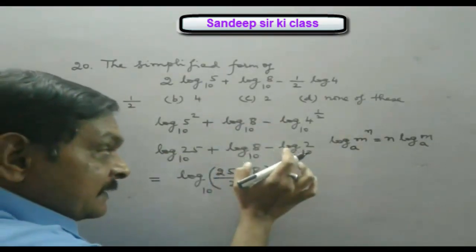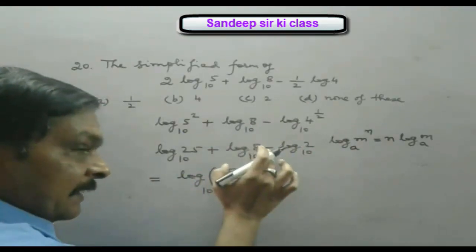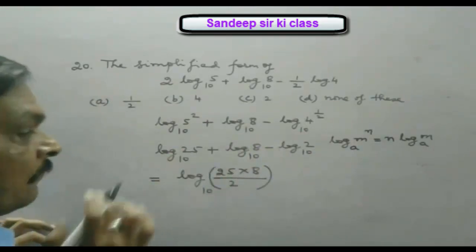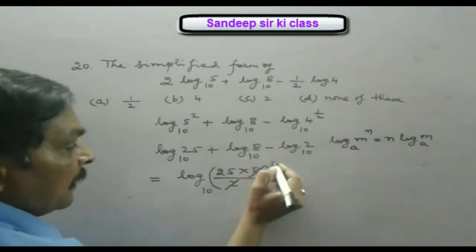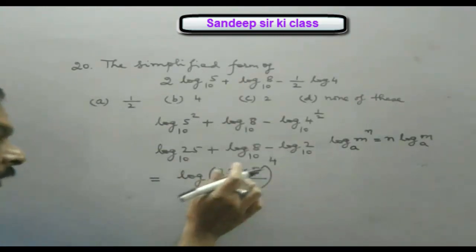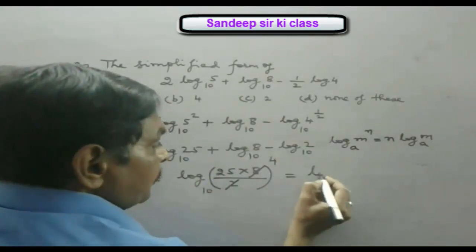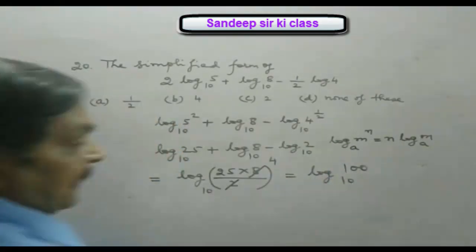Then since log 2 to the base 10 is under subtraction, it will come in the division form. Now simplifying it, 8 by 2 will be 4, and 25 multiplied by 4 is 100. So this comes to be log 100 to the base 10.